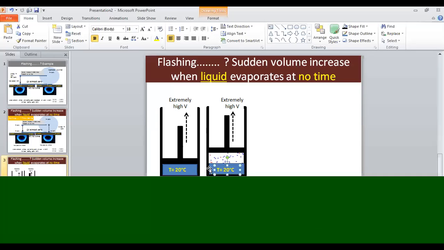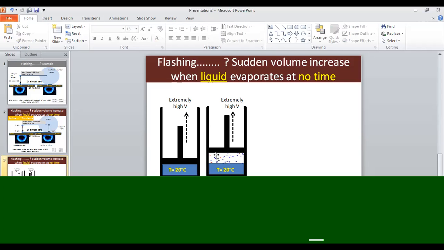Why? Because when you lift this up, there is a tendency for a vacuum creation. Vacuum means low pressure.